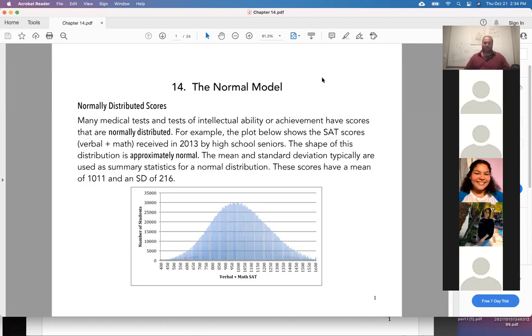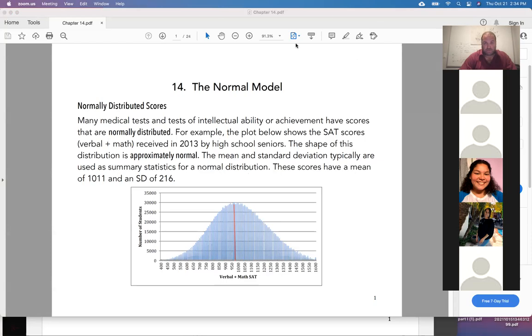There are many things that are normal. And a normal curve essentially has two characteristics, which tell us which of the infinitely many normal curves we're dealing with. One is where the center is located, where the mean is. Every normal curve has a mean.